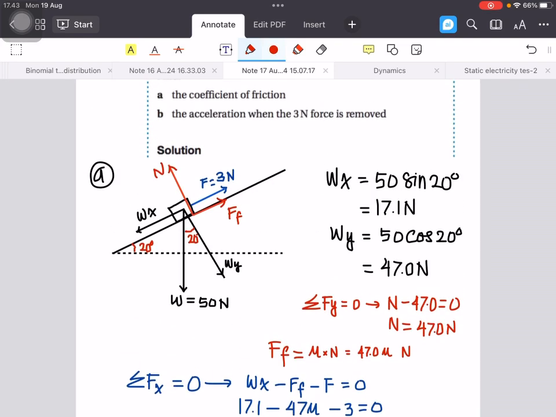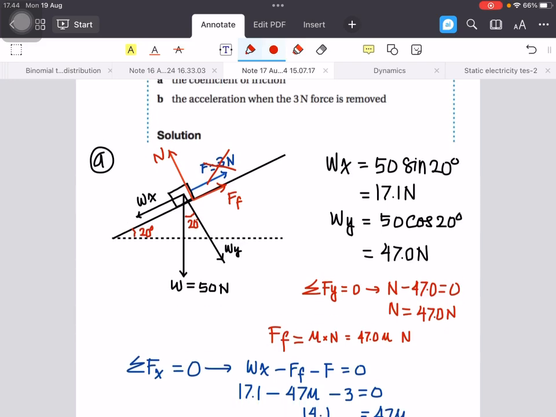And then for part B, the acceleration when the 3 Newton force is removed. Now, there is no F equals 3 Newton anymore, because the question says that the force is removed.